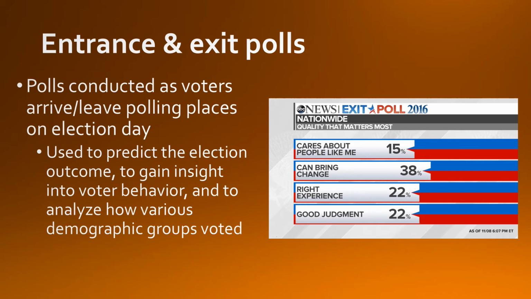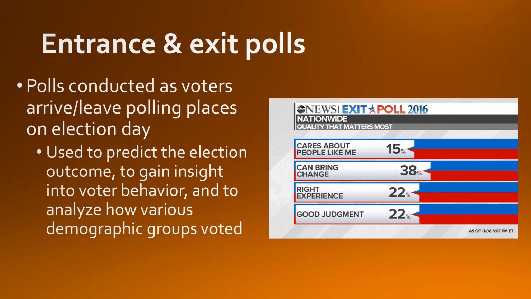All right, so entrance and exit polls. These are polls that are conducted as voters arrive or leave polling places on election day. So we're not predicting who's going to vote or how they're going to vote, we're trying to figure out how people actually voted, because these are people who are arriving or leaving the polling place.